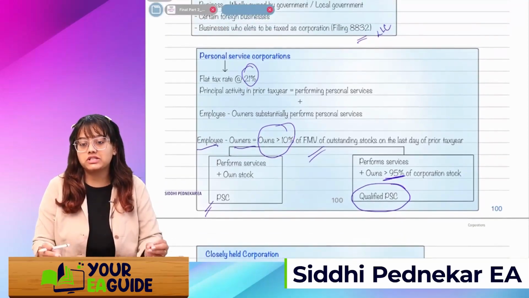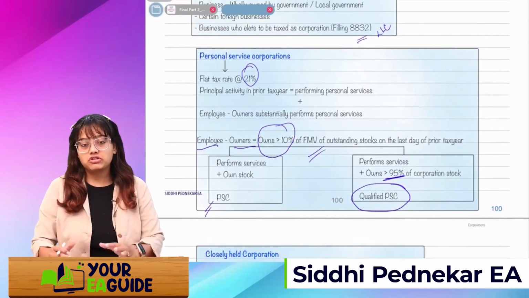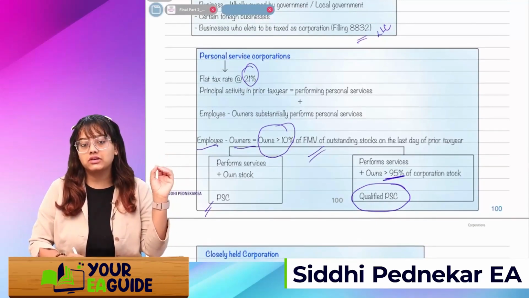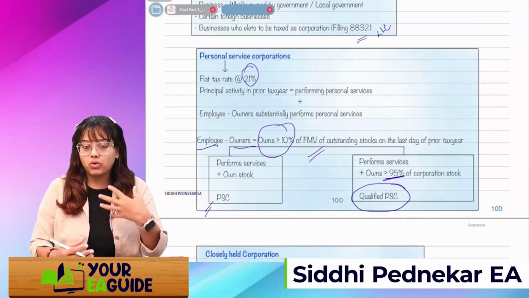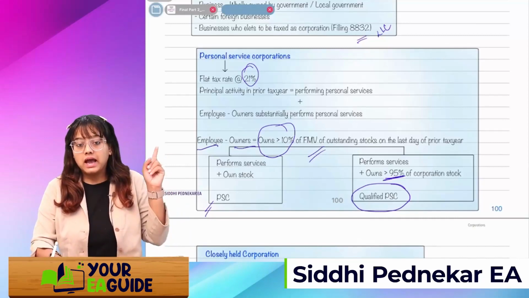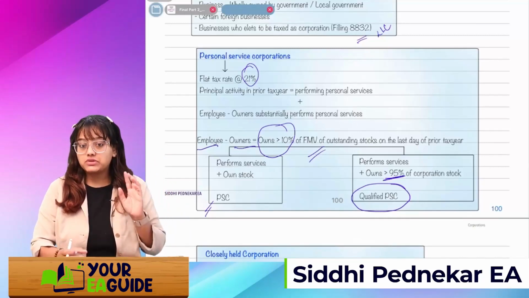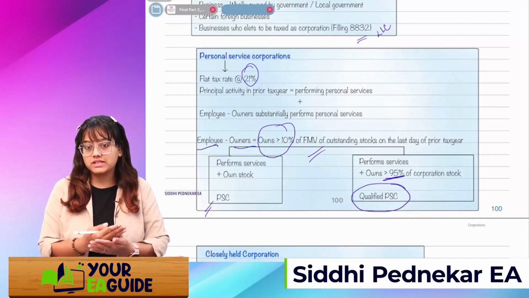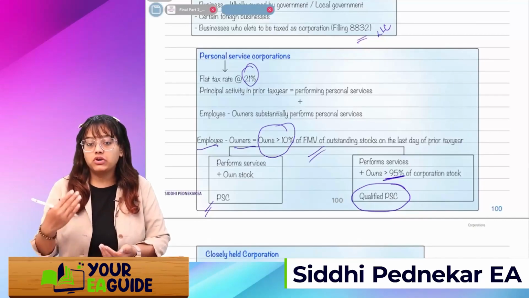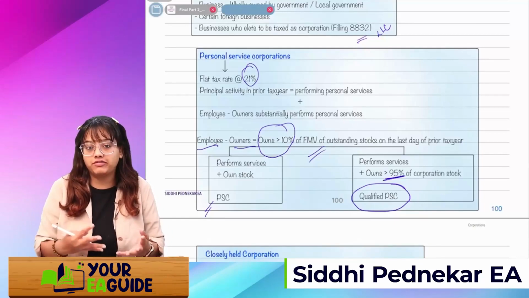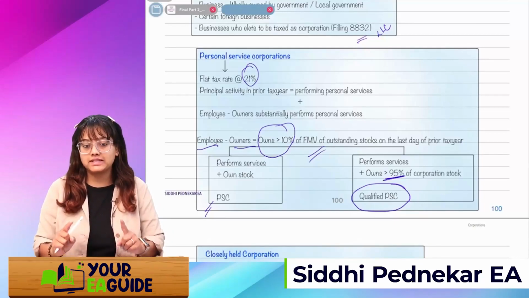So remember just the definition. Personal service corporation will be taxed at the flat 21%. What do you mean by personal service corporation? It's a corporation where the employees are the owners and perform the personal services, and the owner should own more than 10% of the FMV of the outstanding stock. This is the minimum I am saying. But if they own more than 95%, then that type of corporation will be defined as a qualified PSC.